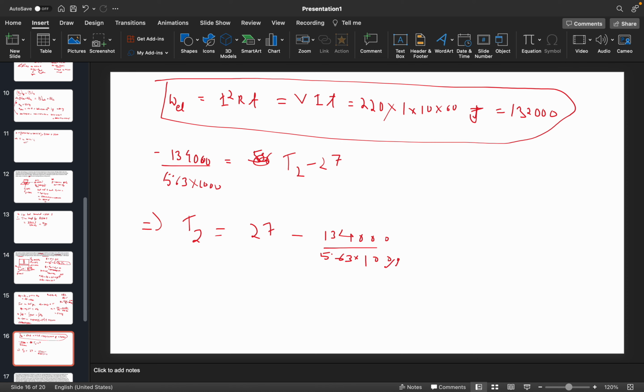These three zeros are gone, so 134 by 5.63, 23. So 27 minus 23, your answer will be 3.198 degrees Celsius. This will be the final temperature of the nitrogen.